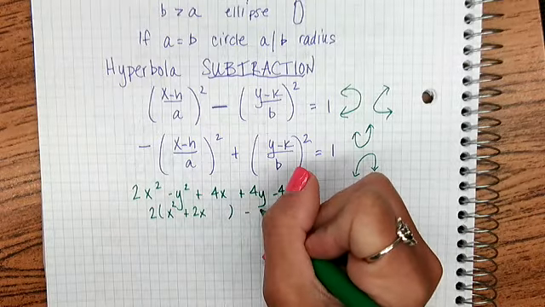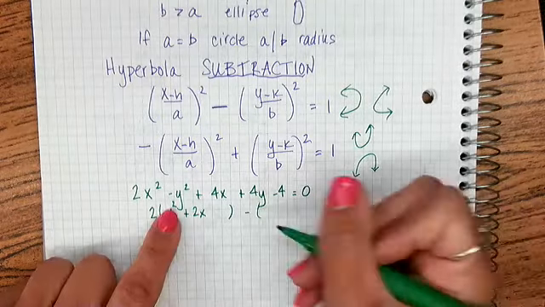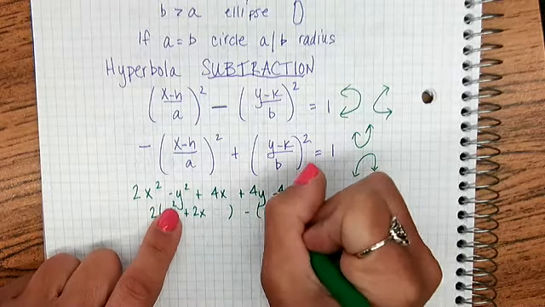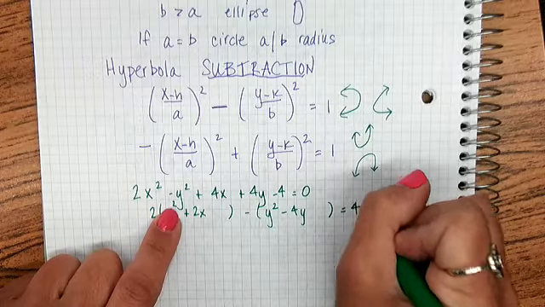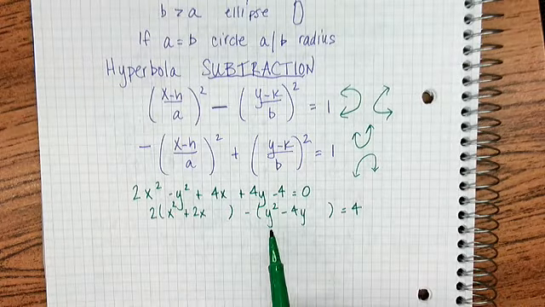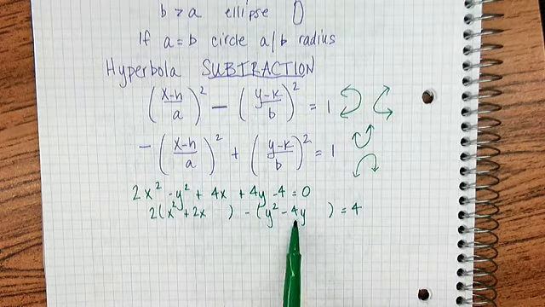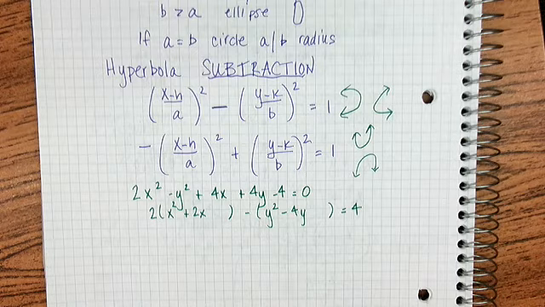I'm going to group the y's and I'm going to factor out the negative. Be careful. If you were to distribute the negative 1, that's negative y squared plus 4y. This will really mess up the center of your hyperbola if you get this subtraction wrong right here.